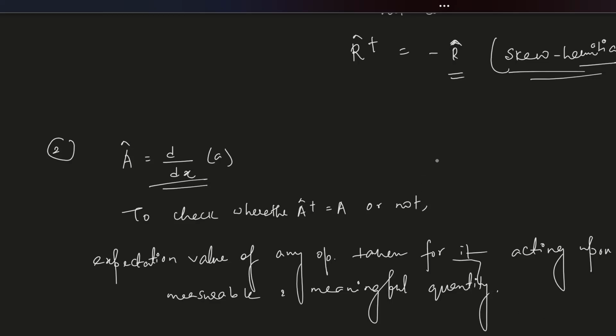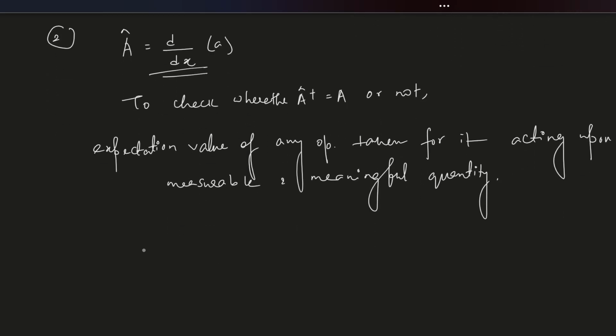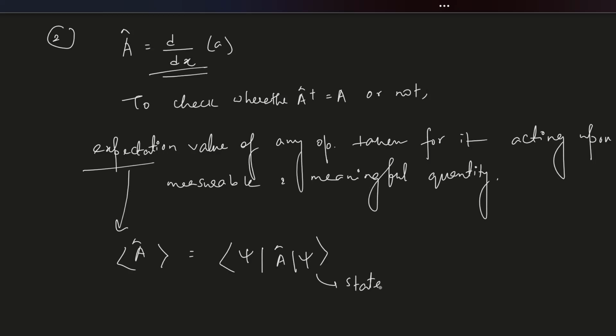Basically, the A cap expectation value, if you have a state psi, is given like this. This is the expectation value of the operator A, where psi is any random state. You have already seen how the expectation value is expressed.